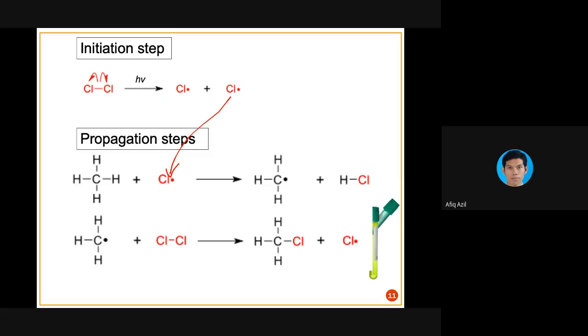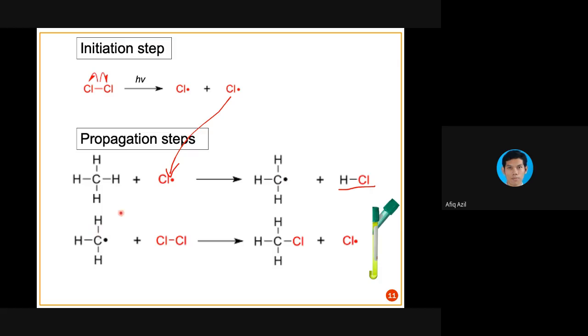In this case, we use methane for example. What it will do is this free radical will form a bond with one of the hydrogens, thus forming this HCl, and the carbon from the methane will become a carbon free radical. So it will be like this.